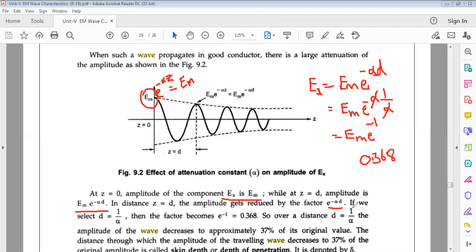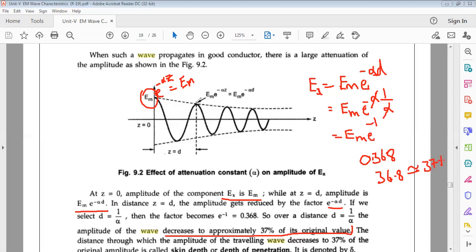So over a distance d is equal to 1 by alpha, the amplitude of the wave decreases to approximately 37% of its original value. You can take the 0.368, which in percentage becomes 36.8, approximately equal to 37%.